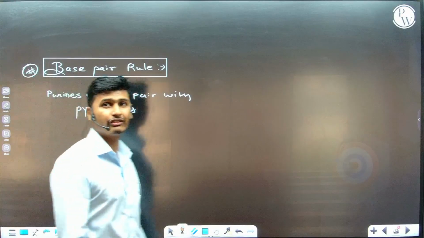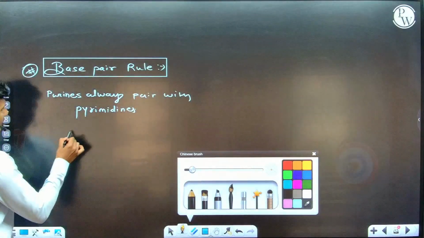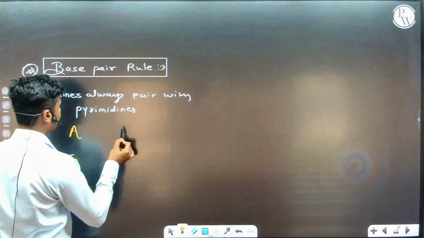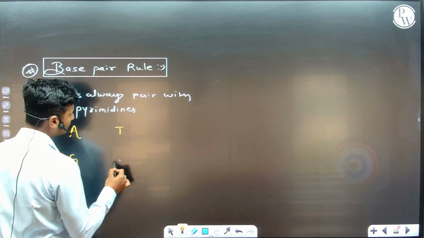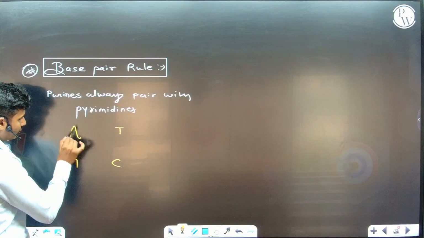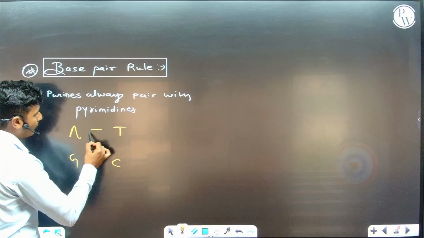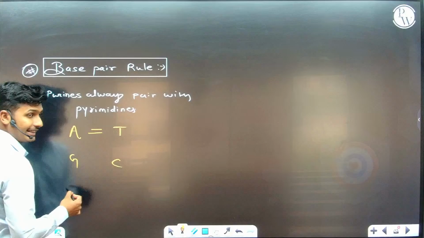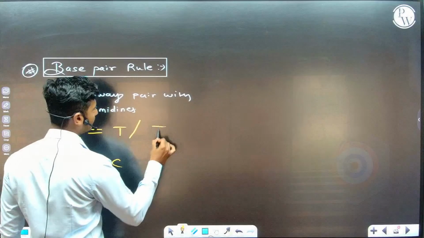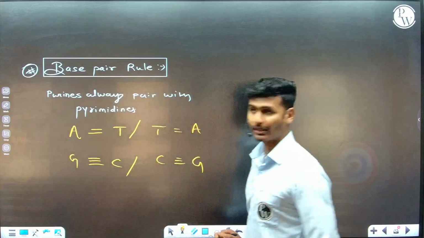Purines are A and G, and pyrimidines in case of DNA are T and C. So A and T always form a pair. A is not able to form a pair with C. A is only able to pair with T with the help of a double bond. C always pairs with G with the help of a triple bond. So T double bond A, or C triple bond G. This is the base pair rule.